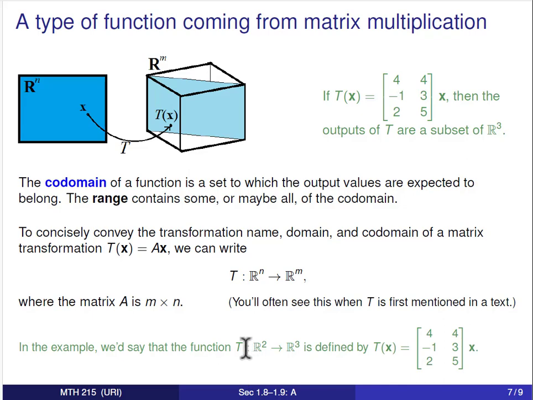So you'll notice that we use that notation when we first mention T. We're just specifying up front its domain and codomain, and then we get into the details of what T of x actually equals. All right, this is a pattern of the speech of mathematicians, but it's worth noticing. You'll notice it in your textbook many times, and it might be a good idea to practice writing it yourself.